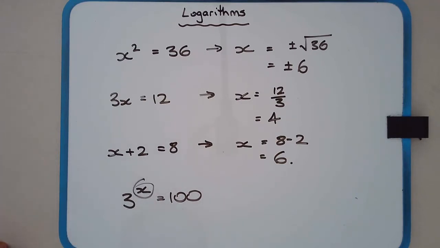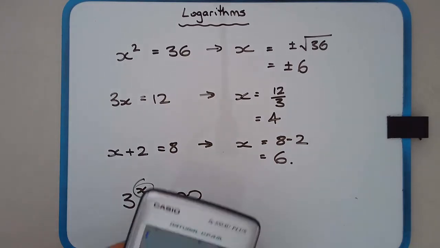I think this is a good time to introduce the idea of the inverse of an exponential, or the inverse of exponential form. If we could rewrite this in a different way, such that we could make x the subject of the formula, then we may have a way of solving this kind of equation.